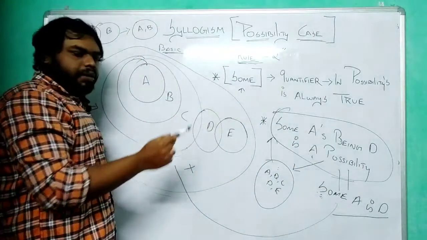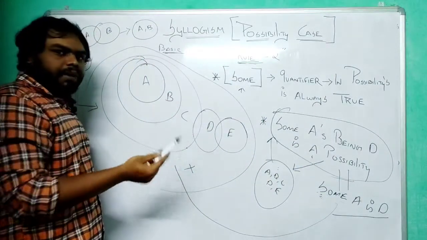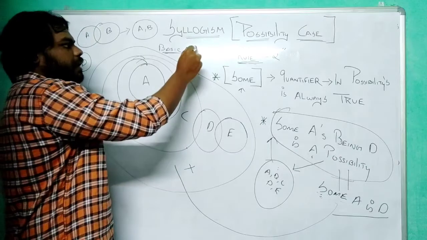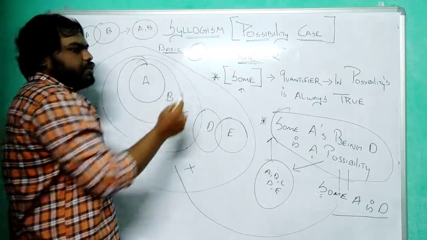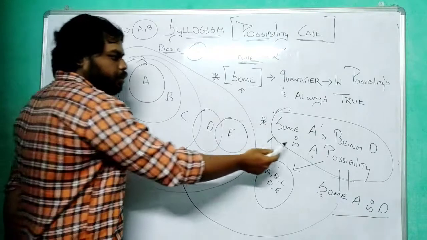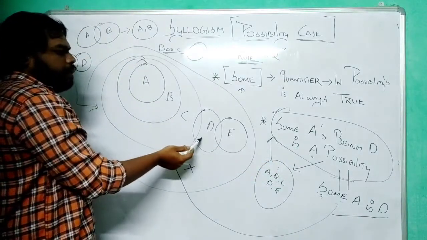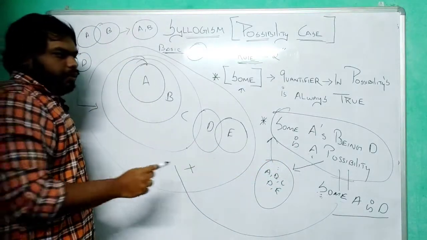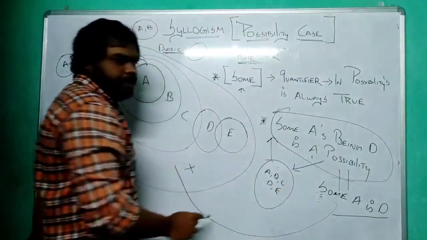the examiner is trying to ask you whether there can be any possibilities. For example, even if there is 1% of possibility to prove that some A can be D or some D can be A. In this case, it is a direct statement, a definite statement.